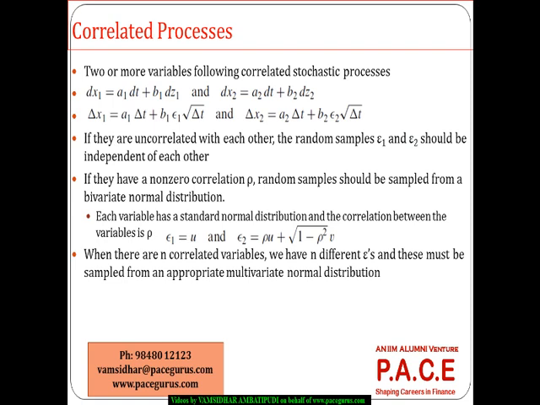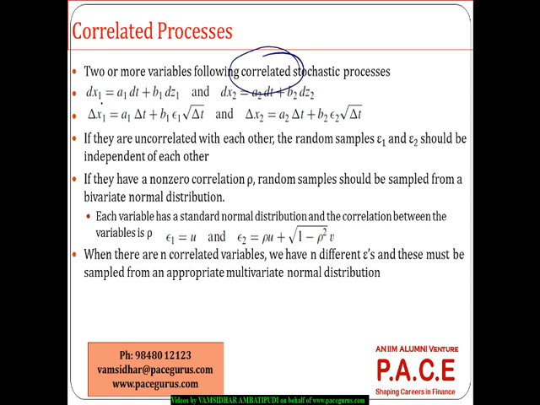Now comes the next stage. Instead of looking at one variable in isolation, we'll talk about two or more variables. Two securities, not just one, but those two are not independent of each other, they are correlated.